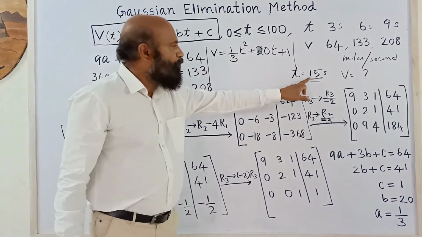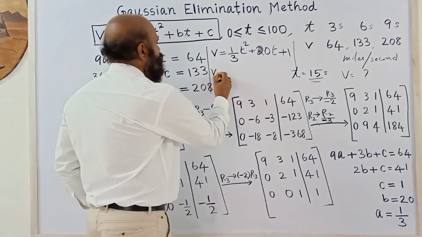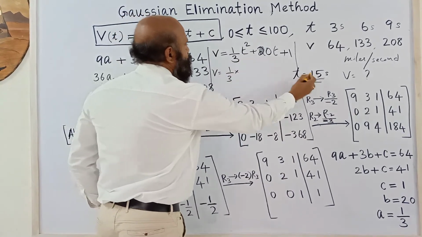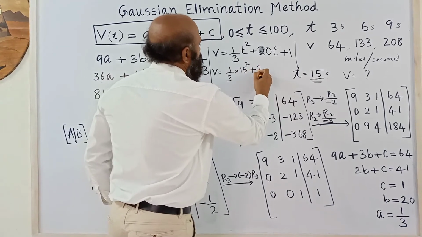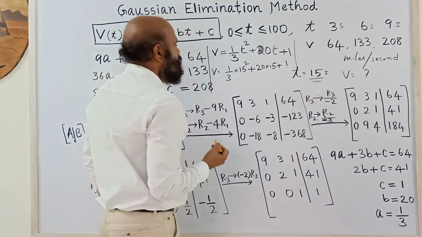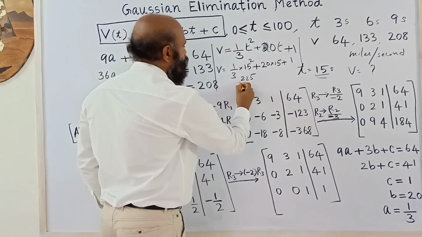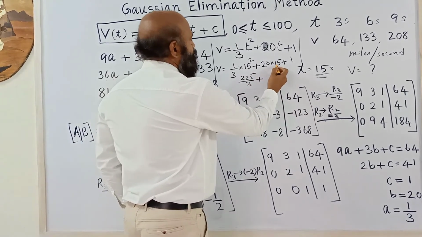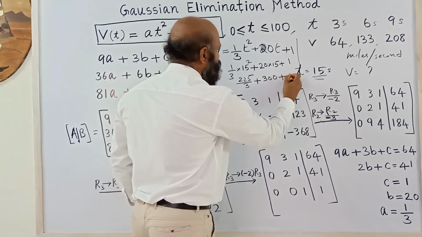Then the question is to find out the velocity when time is 15 seconds. So v is equal to 1 by 3 into, for this t we have to put 15. So 15 square plus 20 into 15 plus 1. 15 square is 225, by 3, plus 15 into 20 is 300, plus 1.